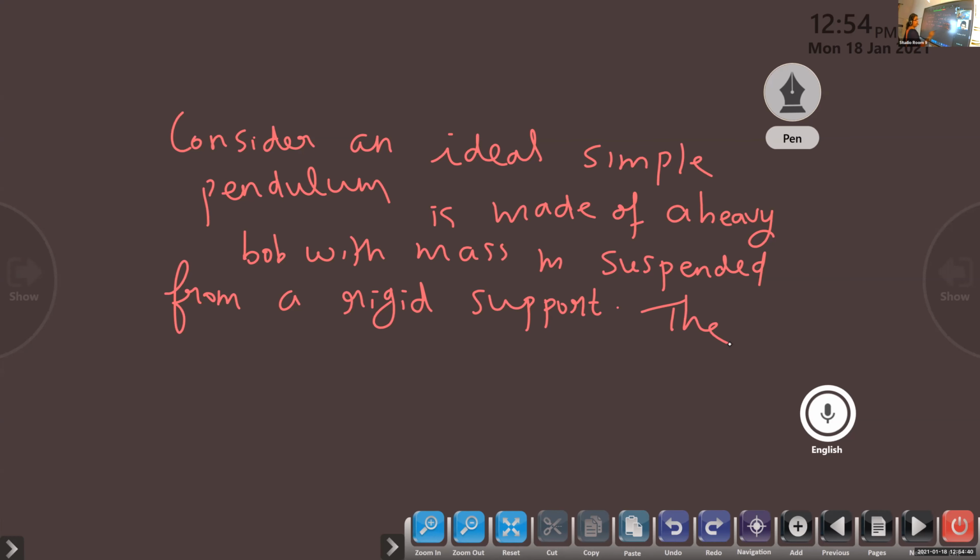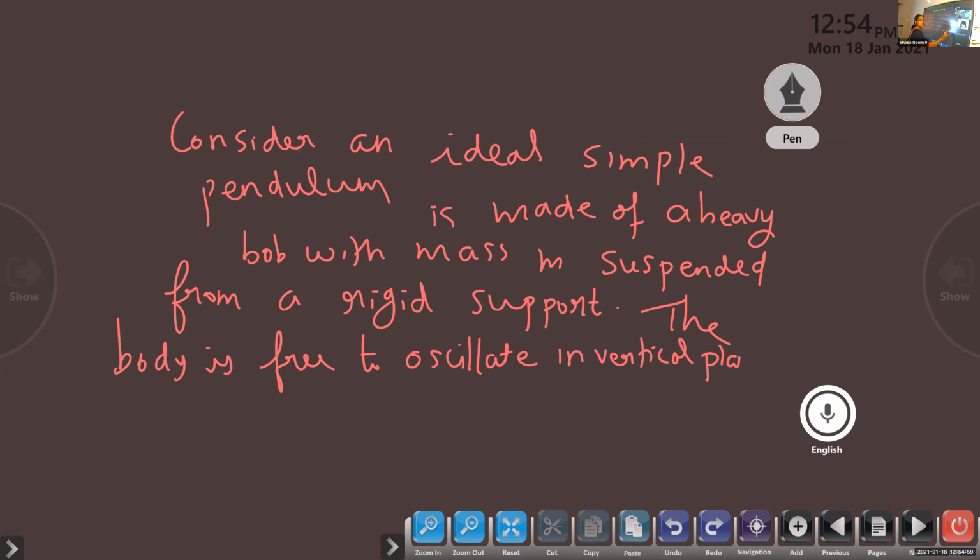The body, that means the bob, is free to oscillate in a vertical plane. That means ignoring friction and all that.